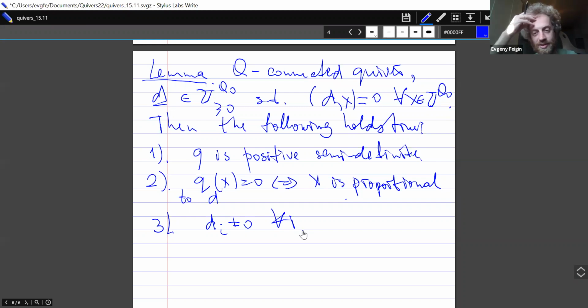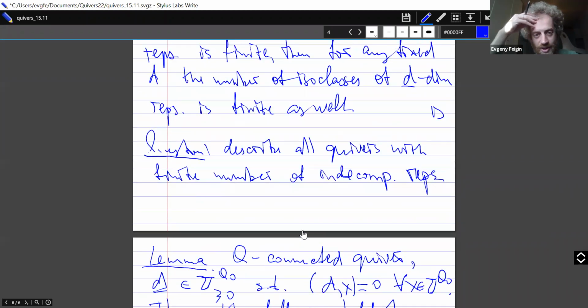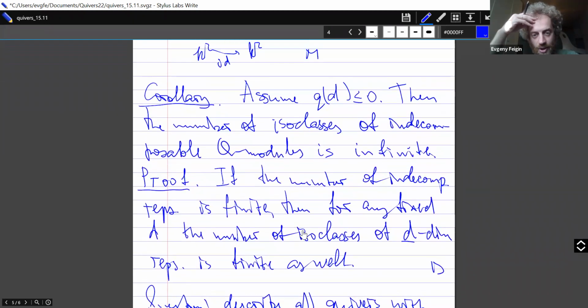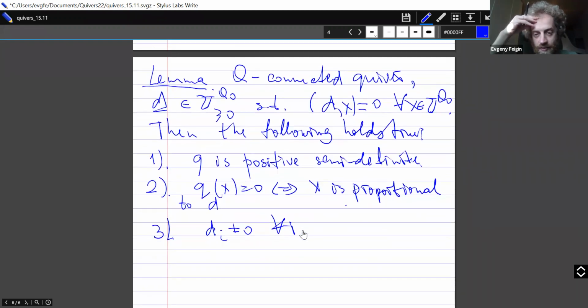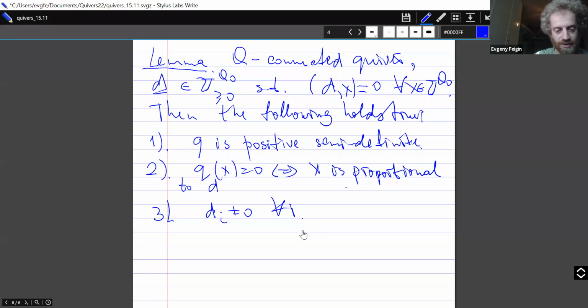At least we see there is this property that Q of d is less or equal to 0, which we are really interested in, and the lemma says that if you are able to find the kernel, then at least it is positive semi-definite. So let us prove it.